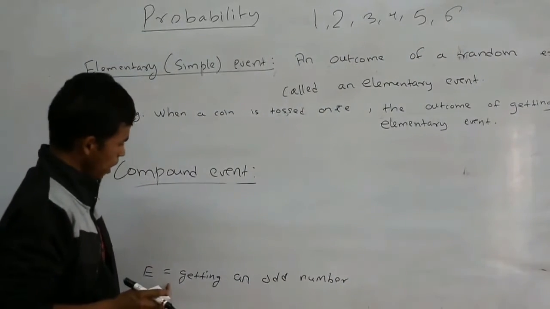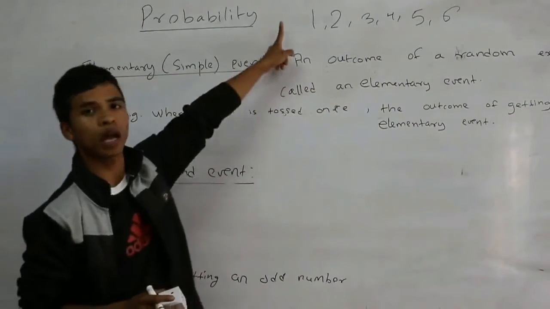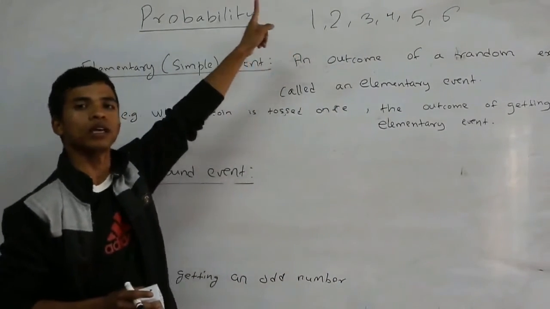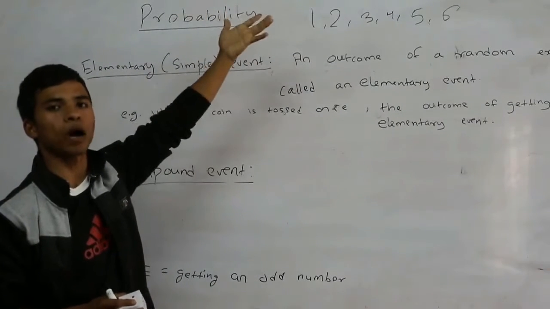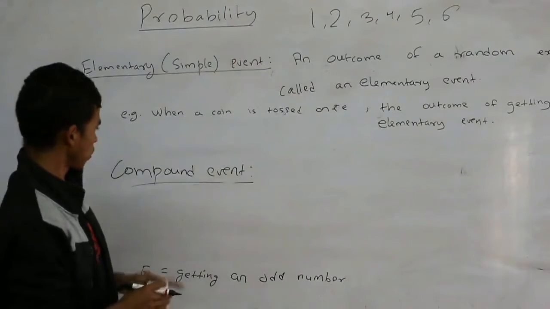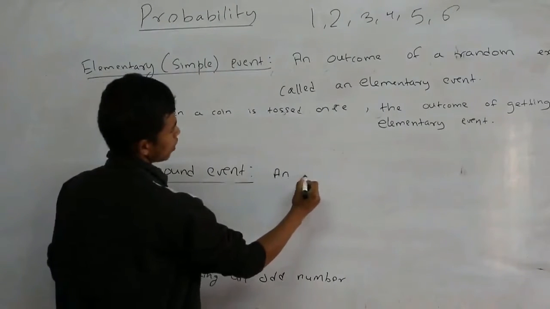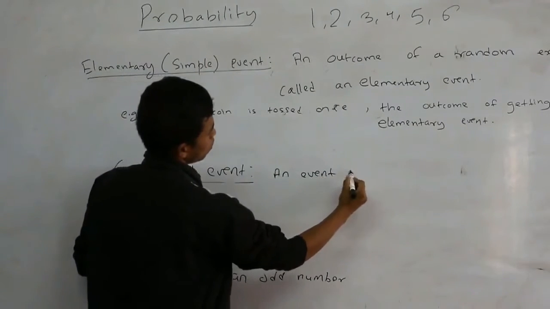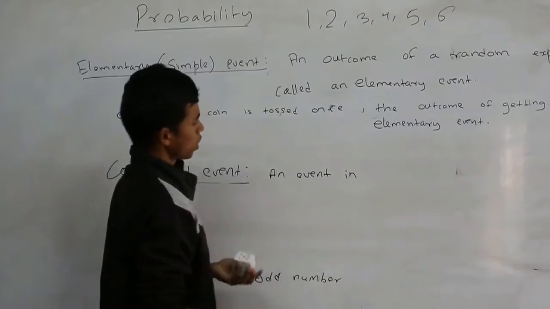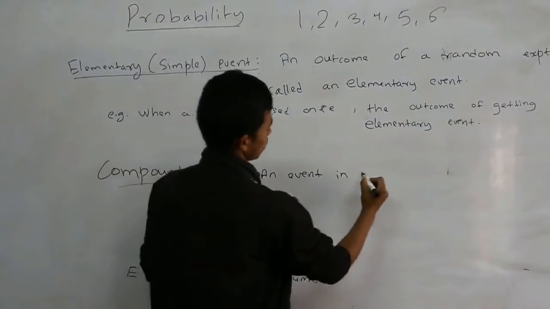So this event has more than one possible outcome. So that event is called a compound event. In general, a compound event is an event in which there is more than one possible outcome.